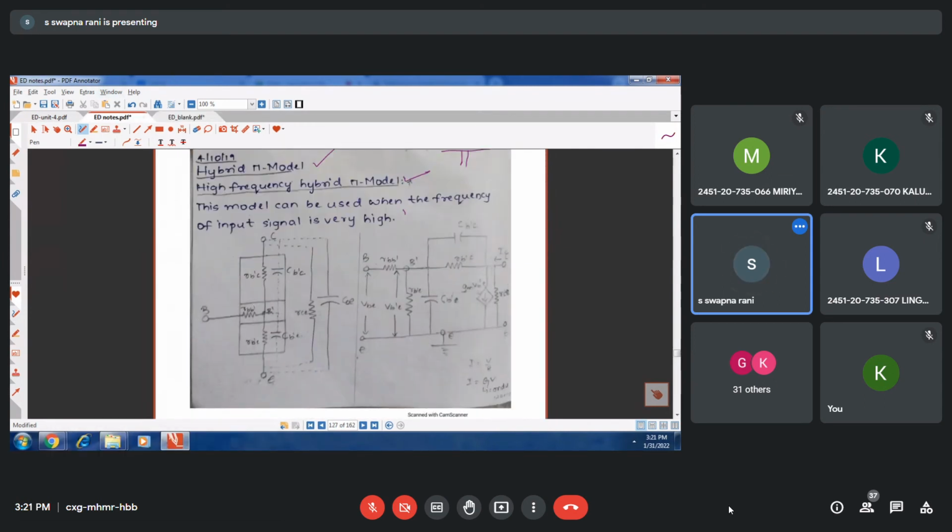See here. So let us assume this is base, emitter, and collector.